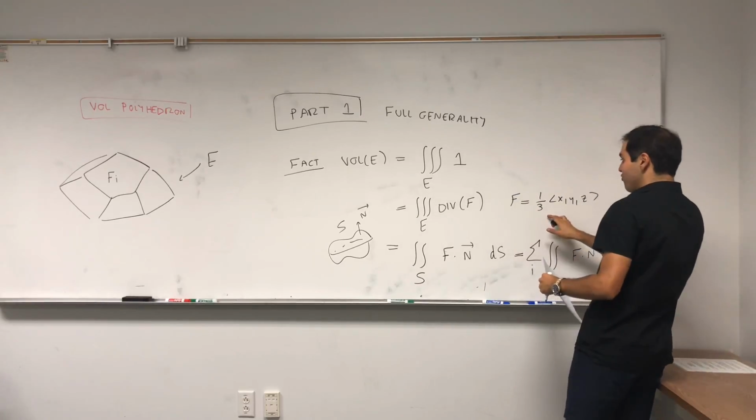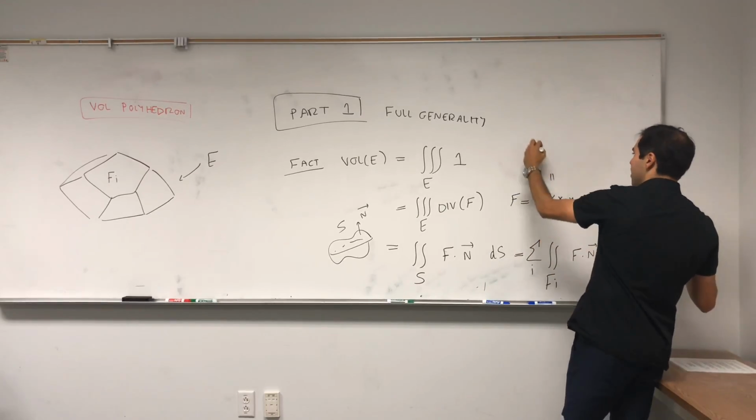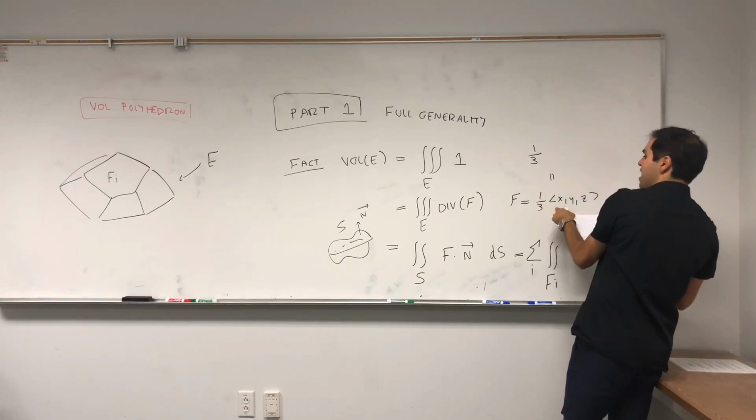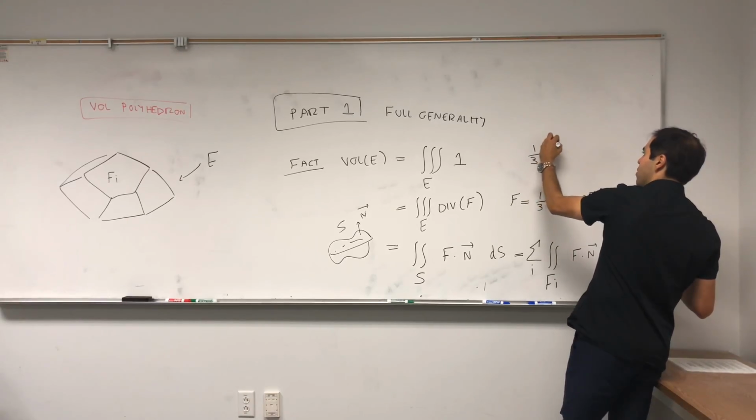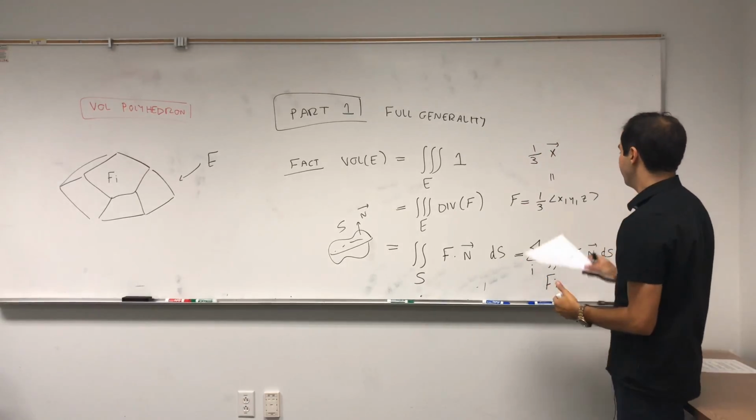But what is f? It's really the vector x, with components x, y, z, so f is 1/3 times x.